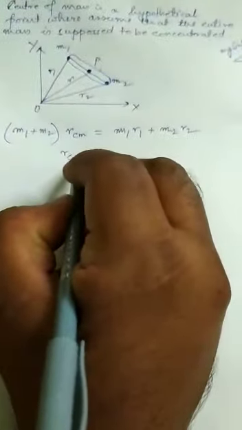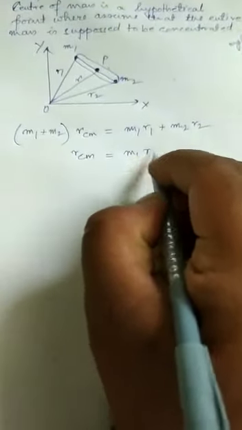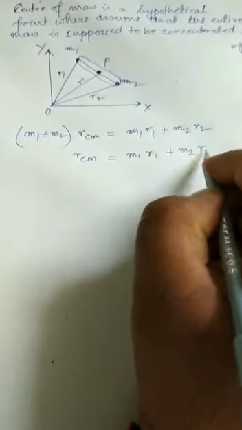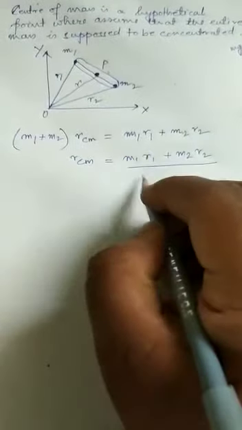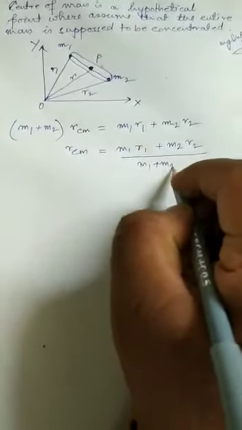So RCM is equal to m1 r1 plus m2 r2 divided by m1 plus m2.